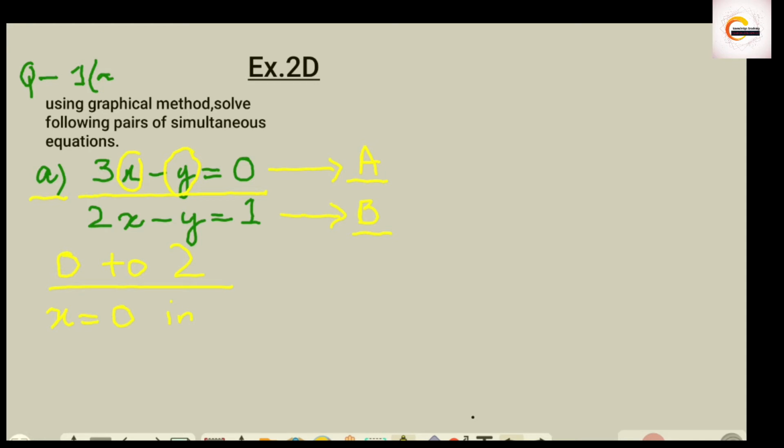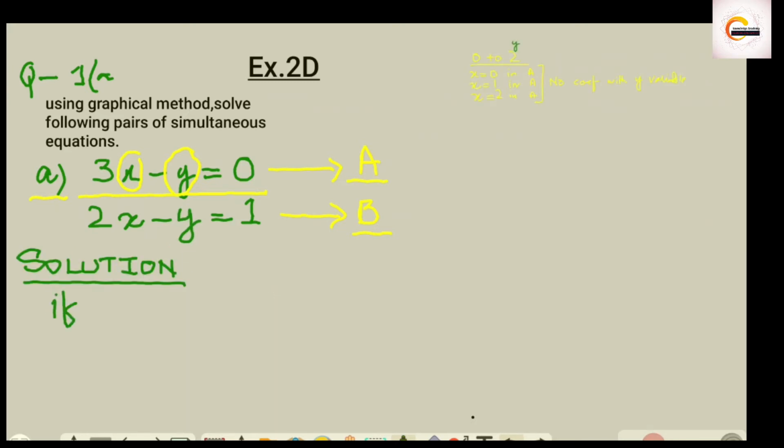Similarly, I will put x equals 1 in equation A, and then x equals 2, and we will get the values of y. This is how I am going to get the 3 coordinates on our straight line. Here we have no coefficient with the y variable. Okay, so let's go to the solution.